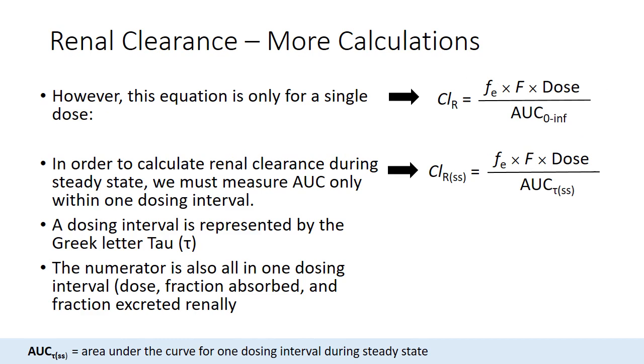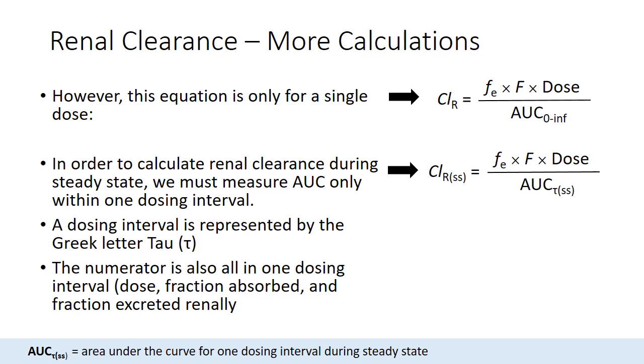There's another equation. If we wanted to calculate renal clearance during steady state, we must measure the area under the curve only within one dosing interval. That's what it looks like right here, middle right. So you would calculate the area under the curve for one single dosing interval to get the renal clearance at steady state. Otherwise, the equation is the same. And dosing interval, remember that's tau.